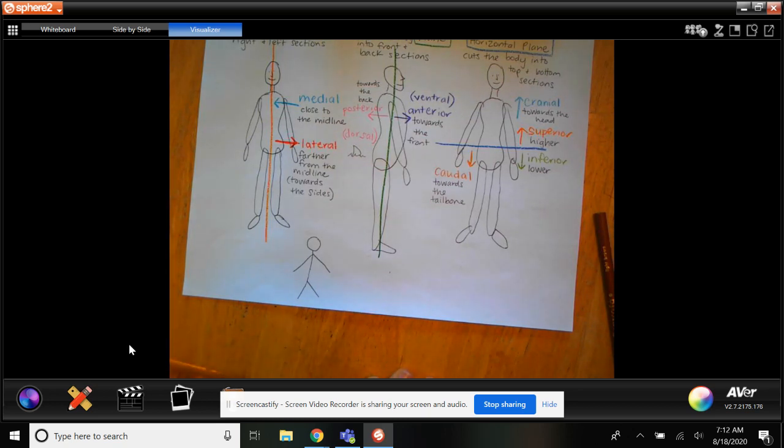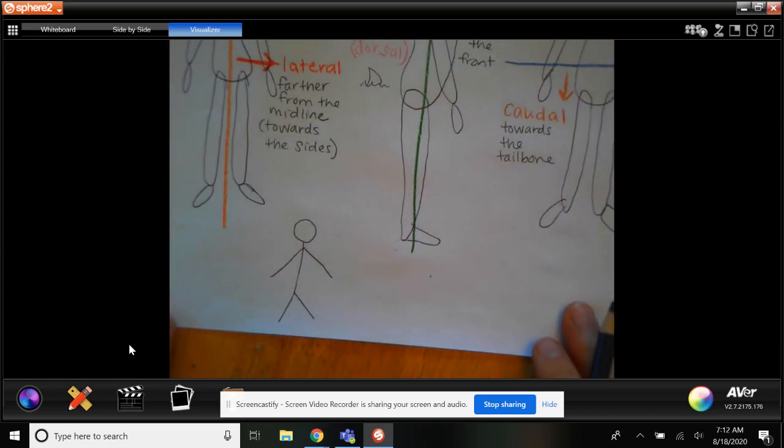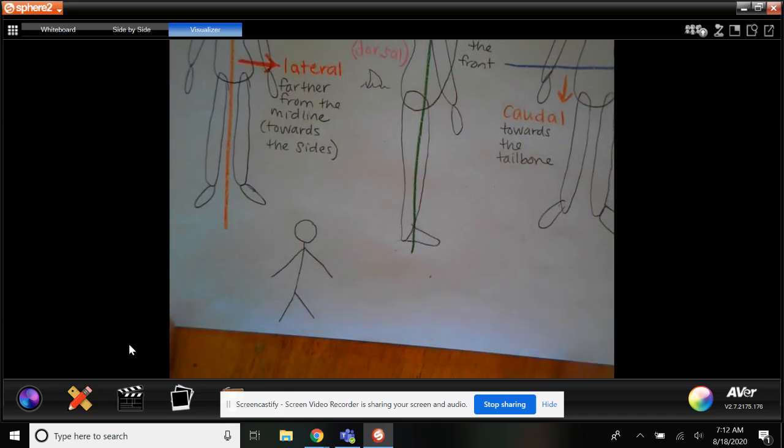All right. So when you're talking about the arms and legs, medical professionals, when they want to talk about the position of something on the arm or the leg, they might say, well, is it closer to the shoulder or closer to the wrist?